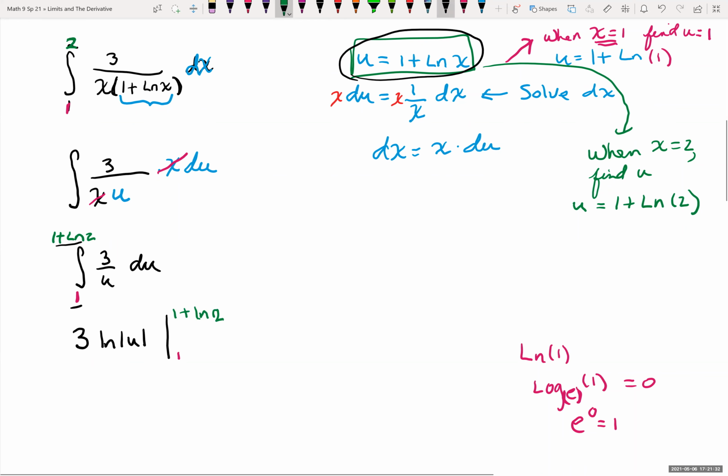First thing you're doing, you're plugging in your upper bound. So 3 natural log absolute value of 1 plus the natural log of 2, and then minus 3 natural log. Now we're plugging in 1 where we see our u.